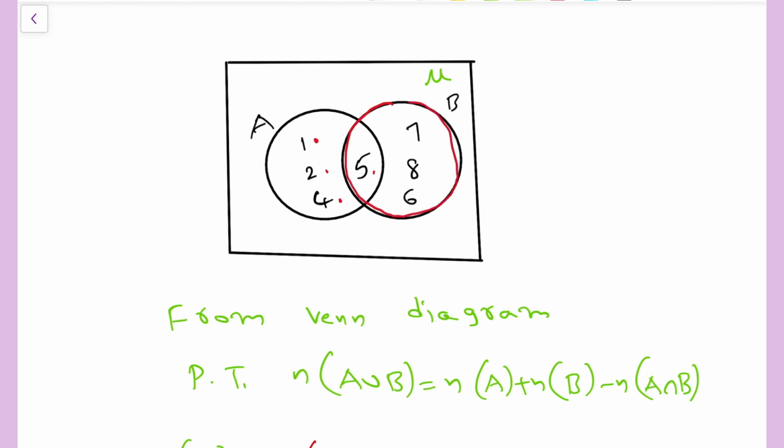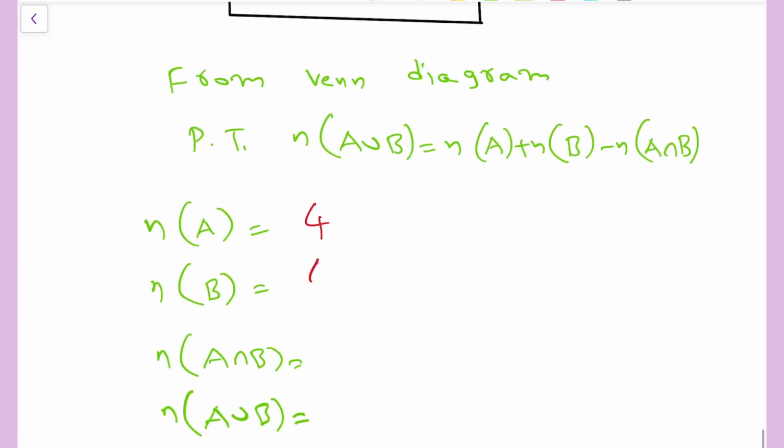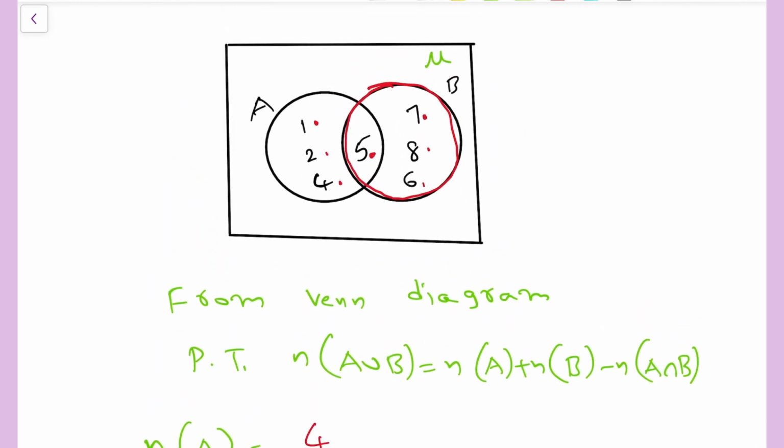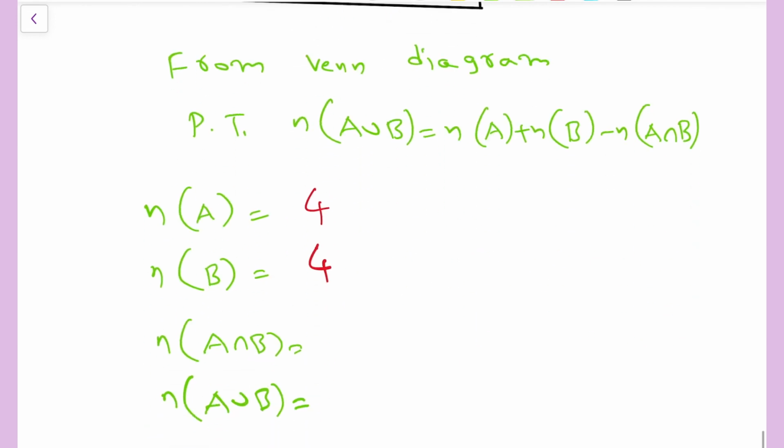In this circle B, how many elements are there? 1, 2, 3 and 4. So 4 elements are there. n of B is 4. Next, n of A intersection B. Intersection, the common part. So this is the common part, right? In this common part, how many elements are there? Only one element is there. So 1.